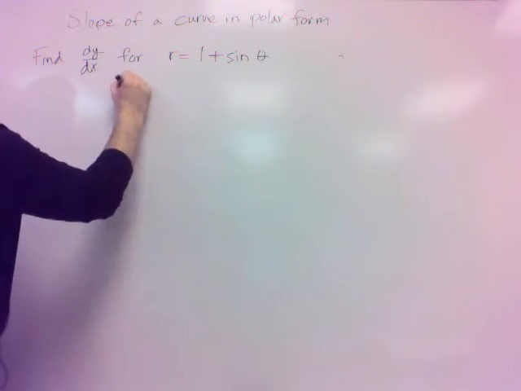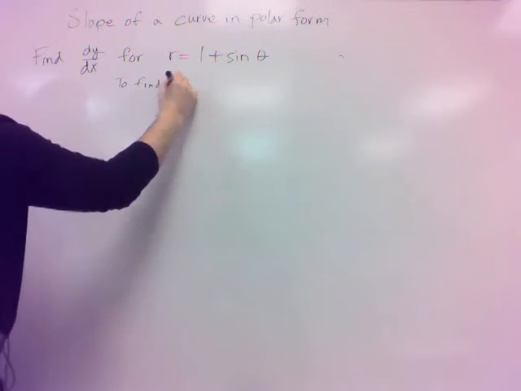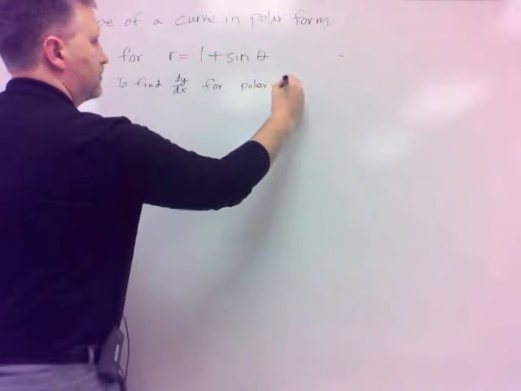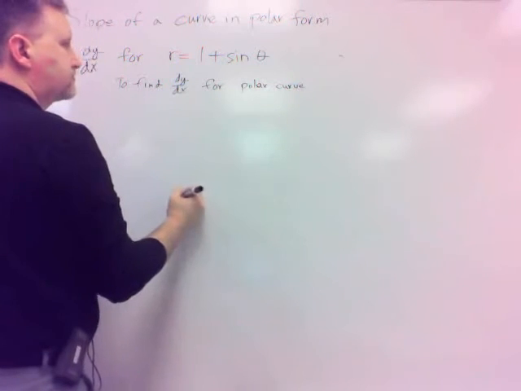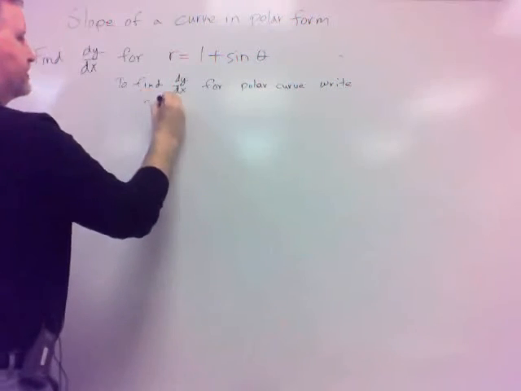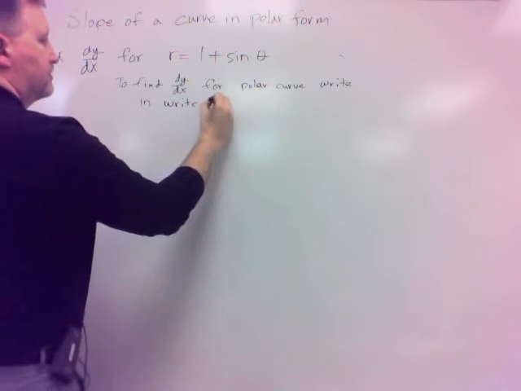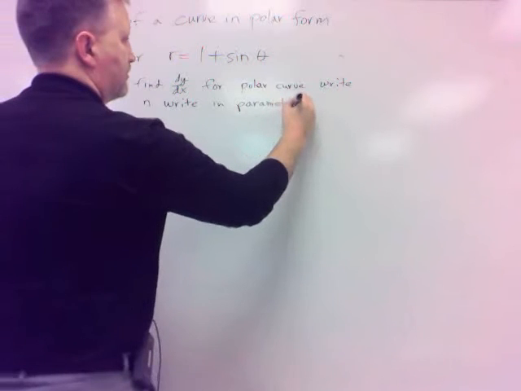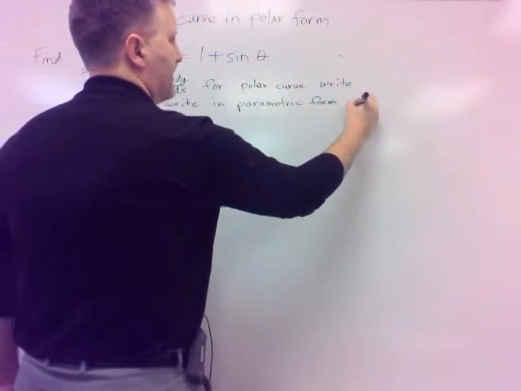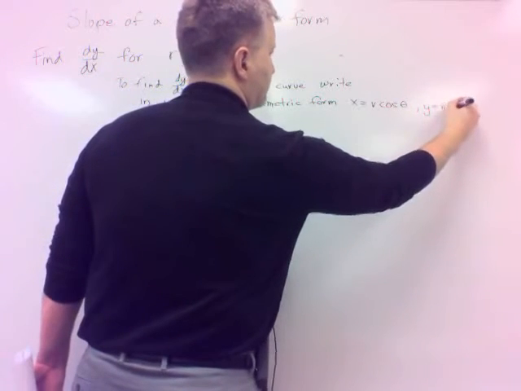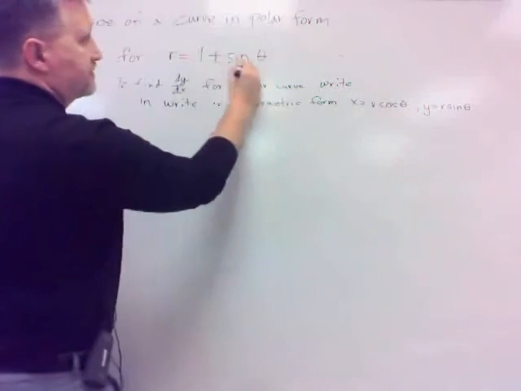Well, to find the dy/dx, just note this: to find dy/dx for a polar curve, write it in a parametric form. x equals r cosine theta, y equals r sine theta, where I'm going to make this be my r.